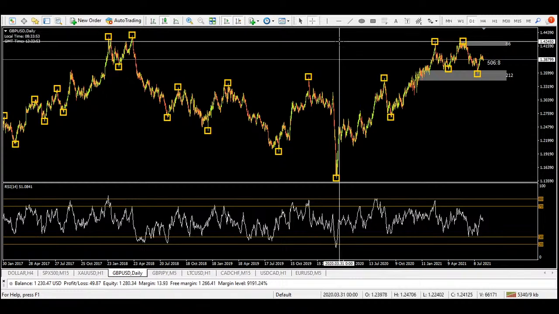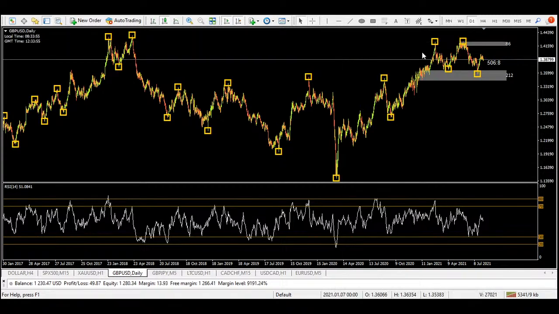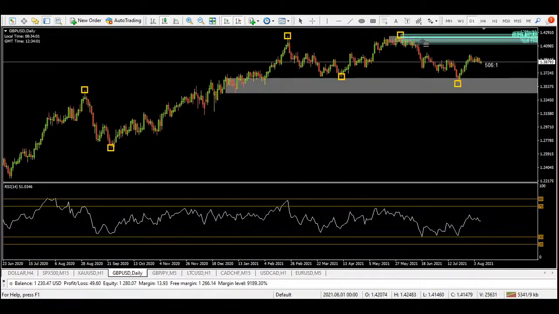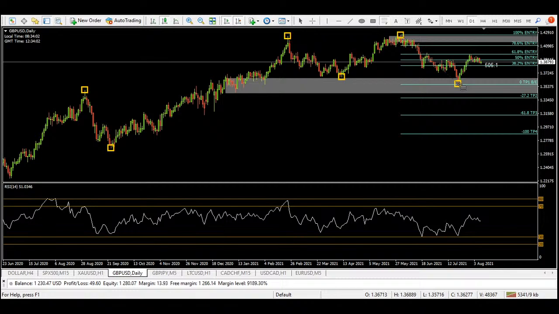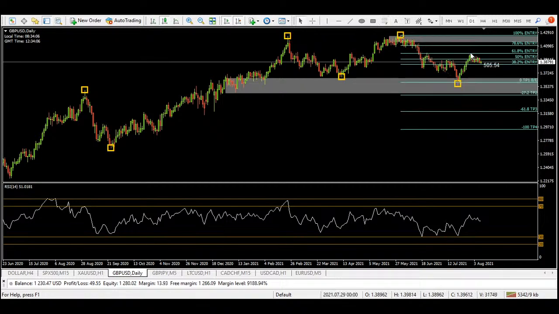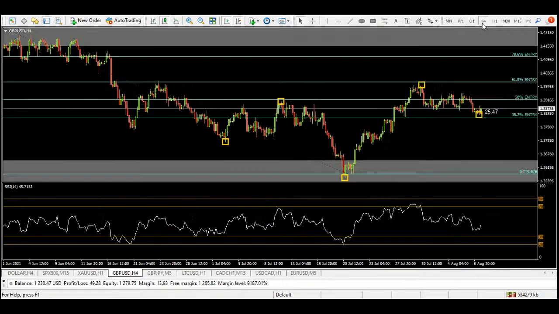Downtrend. And we can even draw a fib off of that. Looks like we got a 61.8 rejection here on the daily.